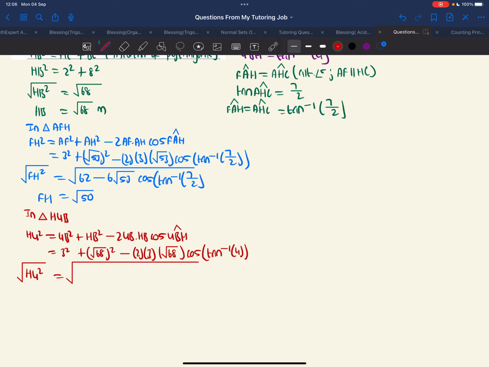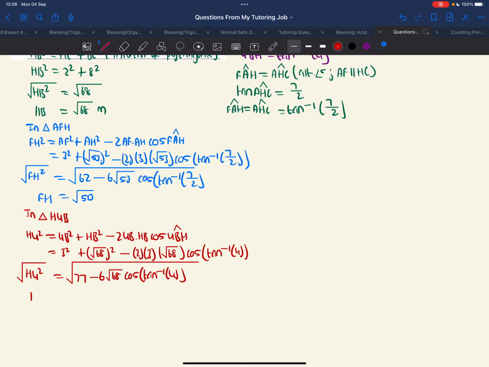So if you say 3 squared plus that squared, it's going to be 77, right? Then minus 6 times square root 68 cos of shift 10 4.